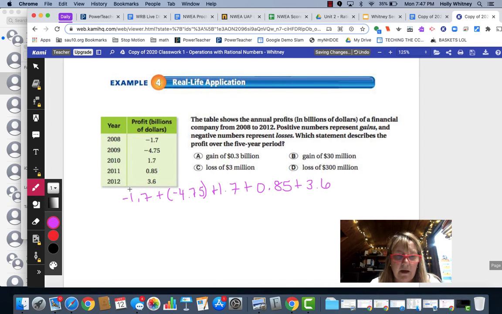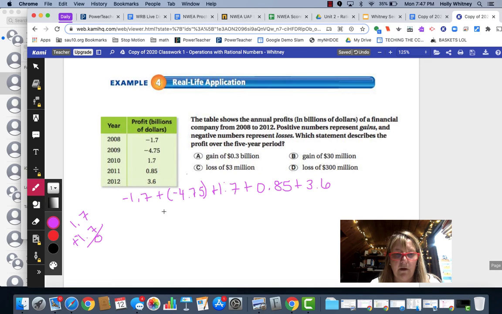Well, I know that negative 1 7/10 plus 1 7/10, those are opposites. So I know if I add this to this, it equals 0, right? Because they're opposites. So 1 7/10 plus negative 1 7/10 gives me 0.